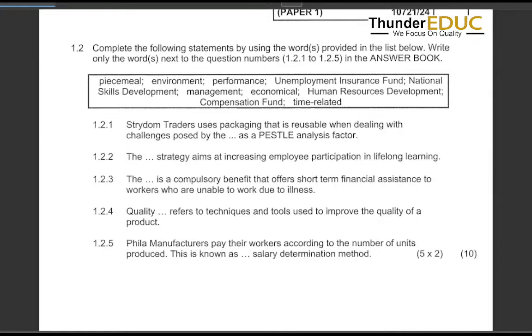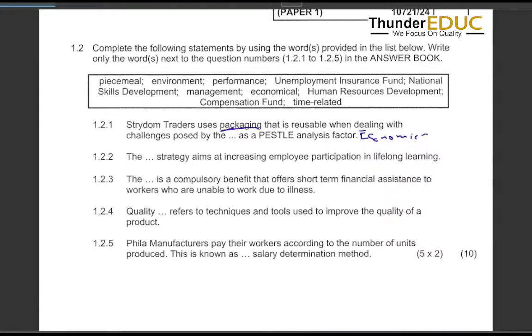PESTEL analysis. So now if you check, they use packages that are reusable when dealing with challenges posed by the PESTEL. In this regard, our answer is going to be economical.